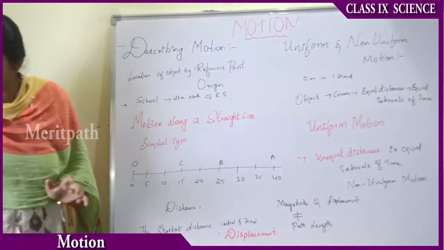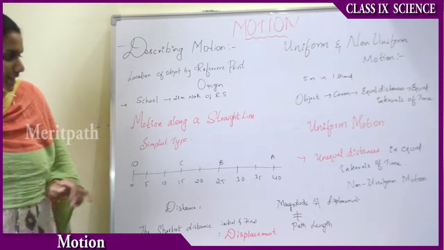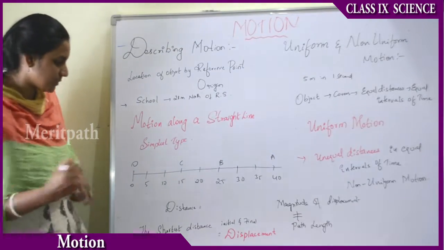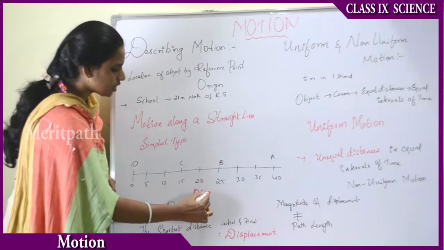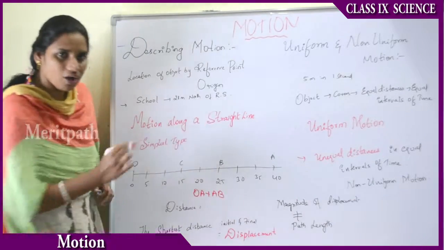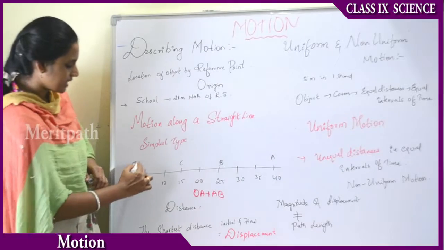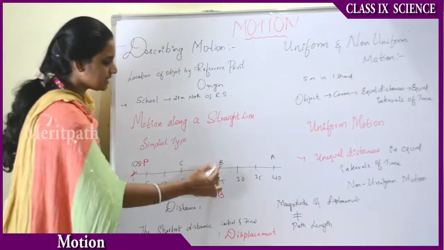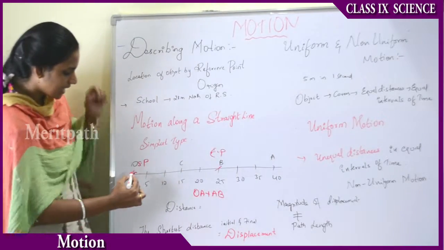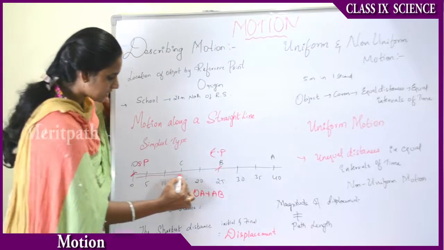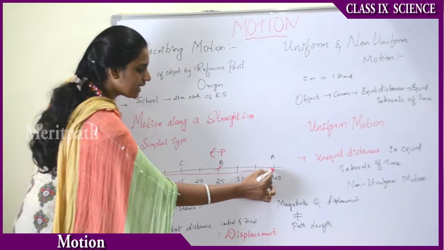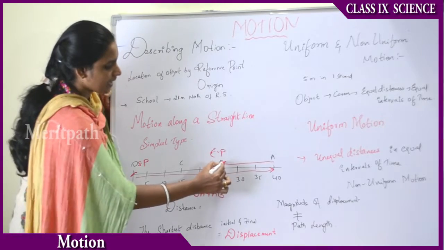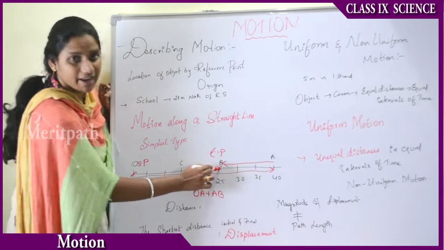B is the end point, and OA plus AB will be equal to the total distance covered by the object. This is the starting point and this is the end point. It goes in a straight line up to here and comes back to its final position, right?